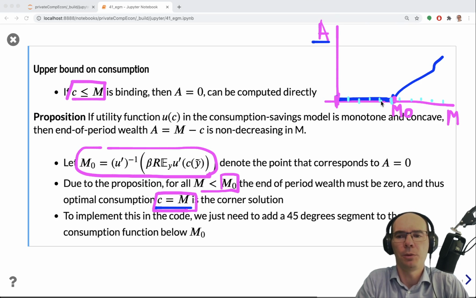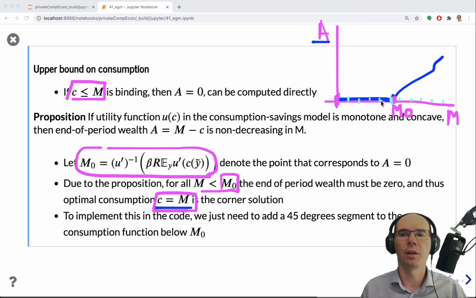Well, without pinpointing this m naught value, it's very hard to do that. But EGM is doing exactly that, is calculating the m naught exactly. And therefore, it's much more capable of producing completely flat consumption profiles when they have to be analytically. Remember, when beta r equals 1, and this whole thing unravels.